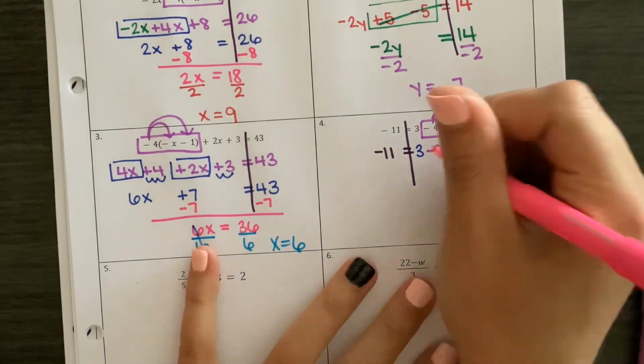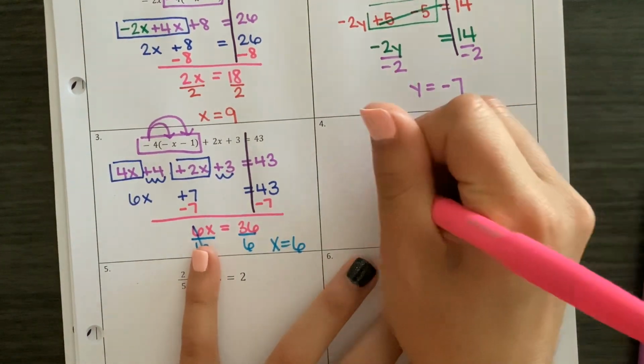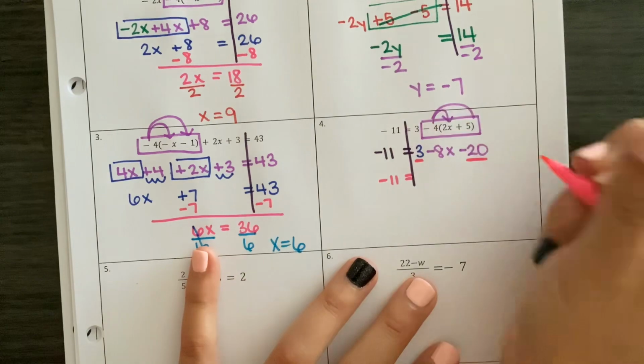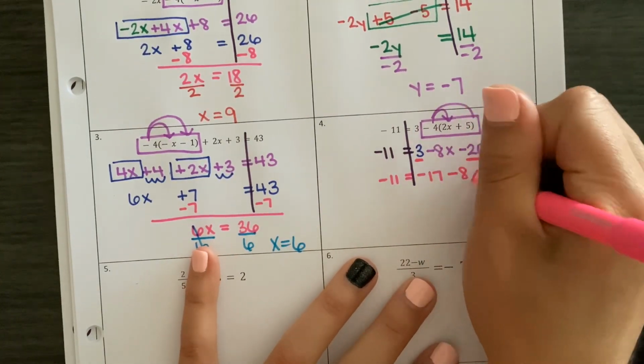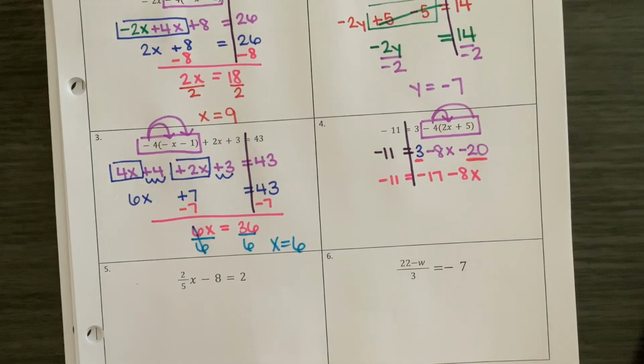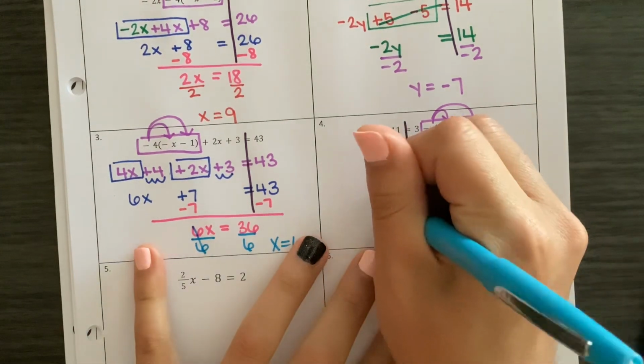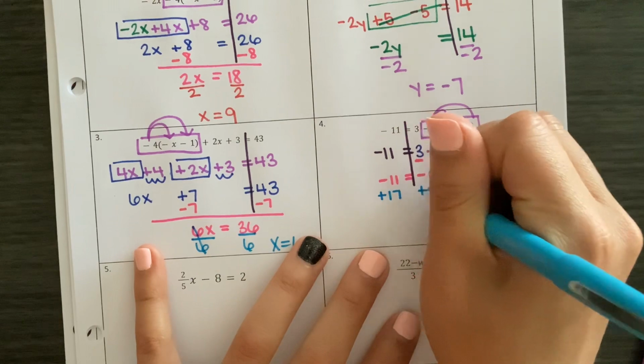I'm going to go through and combine my like terms, which are just numbers this time. So -11 equals a -17 minus 8x. I'm going to add my 17.